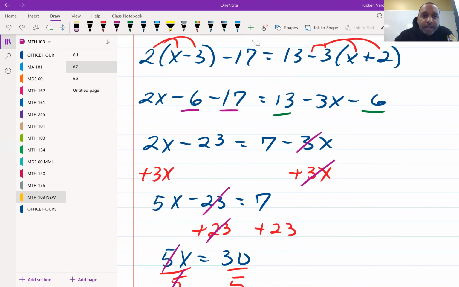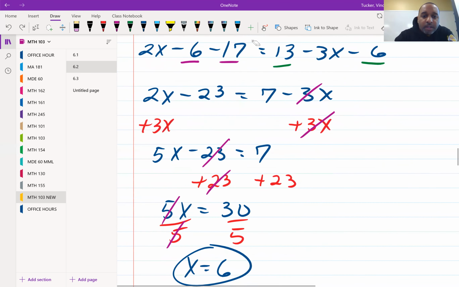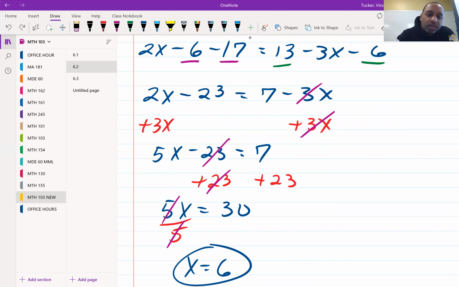Add 23 to both sides. And I have 5x equal to 30. And finish it off by dividing both sides by 5.